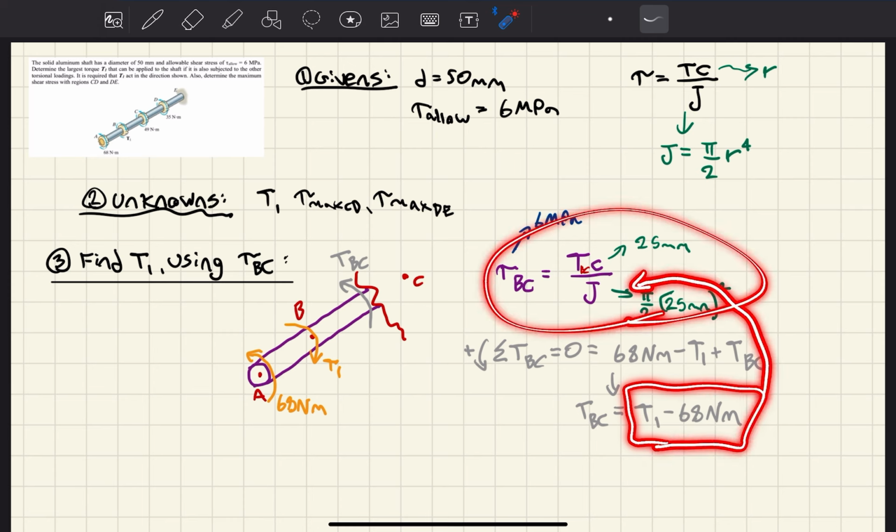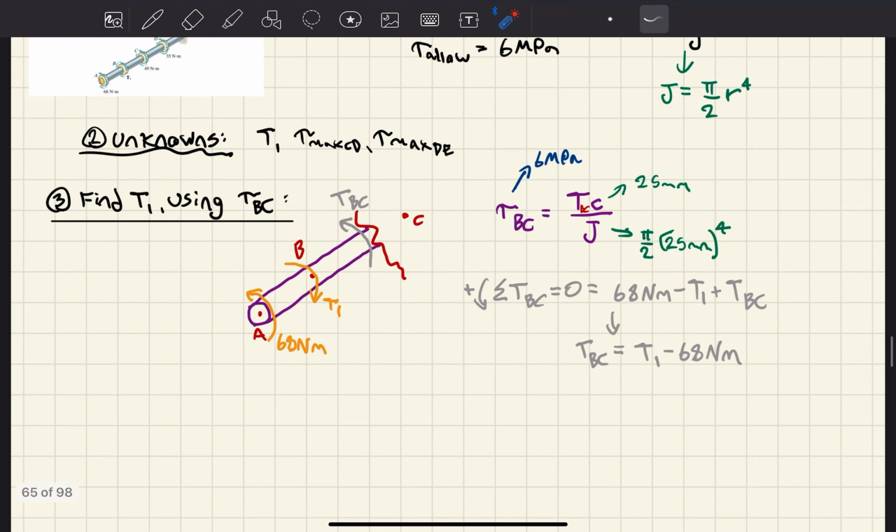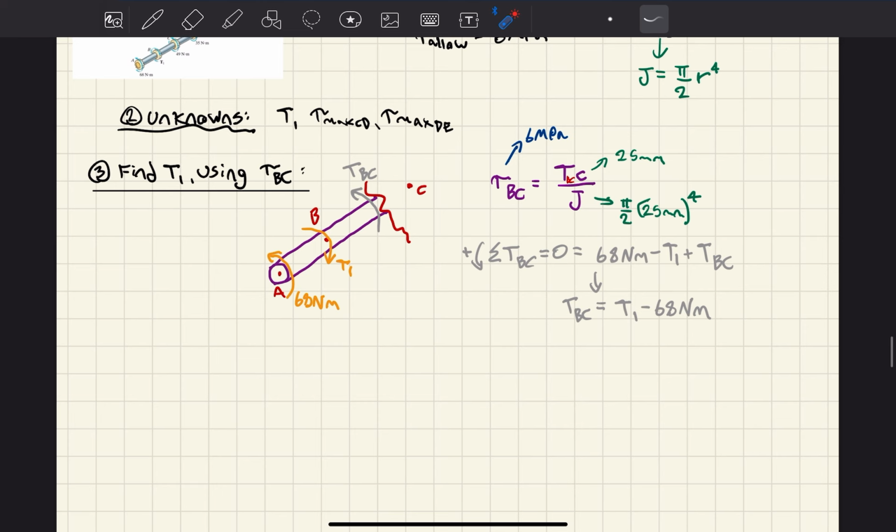Everything else is known. I can solve for T1. Beautiful, isn't it? It takes a little bit of effort to understand in the first place, but when you get it, it's easy. All of the questions are this exact same concept. Even the angle questions, which we get to in a bit, are the exact same thing. So this chapter, absolutely amazing.